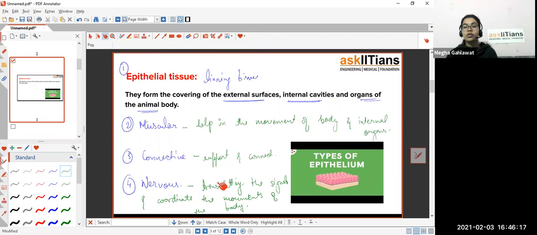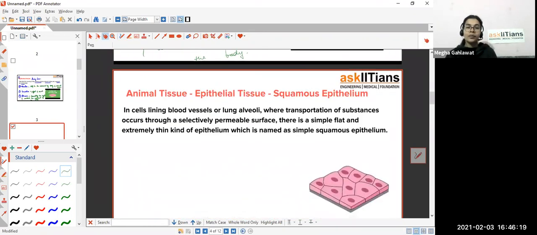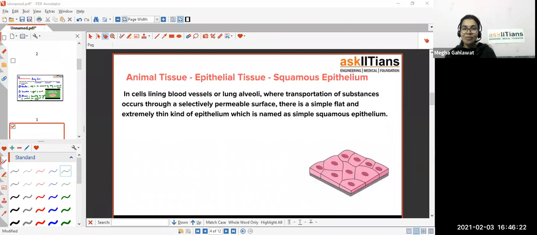So that is one thing. Now see, let's start with the really easiest part of this entire chapter, and the upcoming parts are also easy, so don't you worry about that. Okay, starting with the simple squamous epithelial tissue. Simple squamous epithelial tissues are the surfaces which may appear flat to you or may have a sheet-like, paper sheet-like appearance, and these basically are found at the places which require protection, or which require a little permeability.